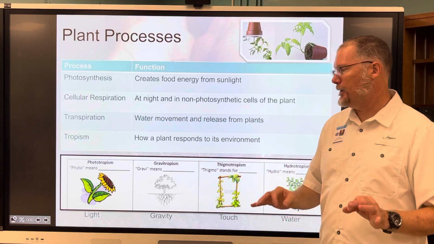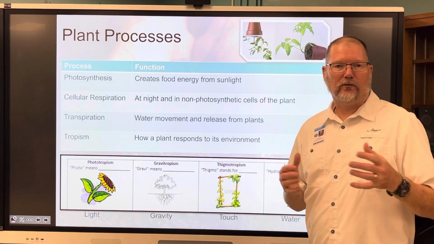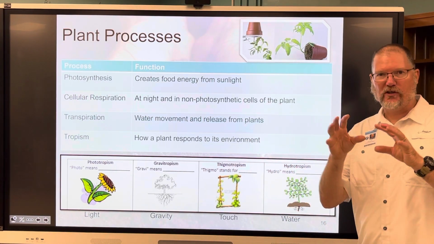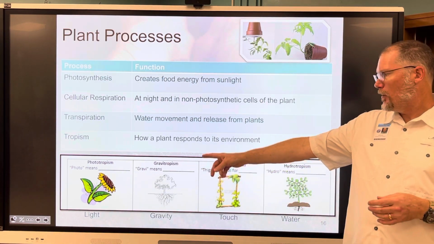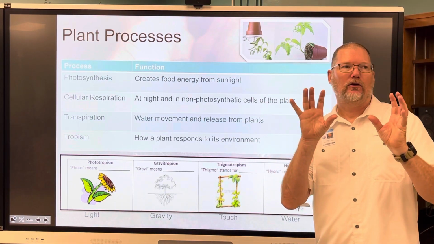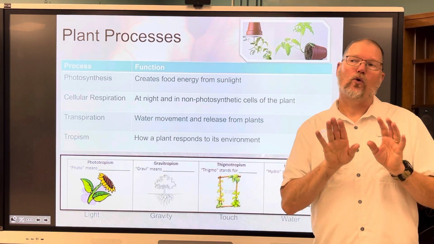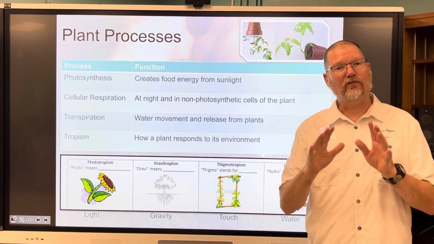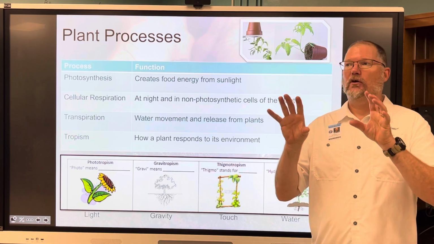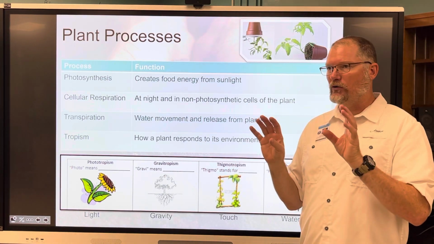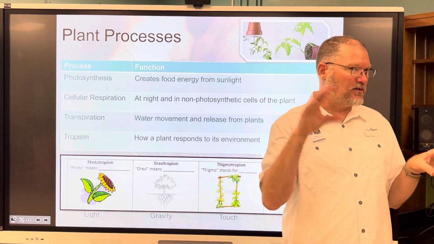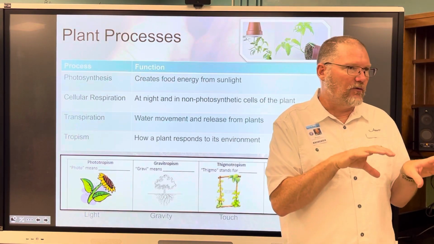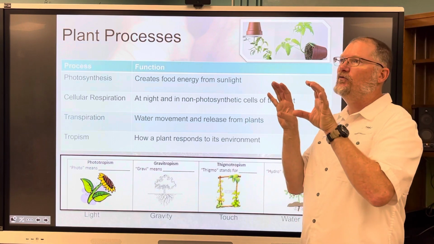So phototropism, all right? What does photo mean? Photosynthesis, we know, means making from light, so that means light, right? So this is when plants turn toward the light or grow toward the light. Sunflowers are famous for it because a sunflower will start in the morning over here, and then when the sun comes up over there, the sunflower will turn and face the sun.